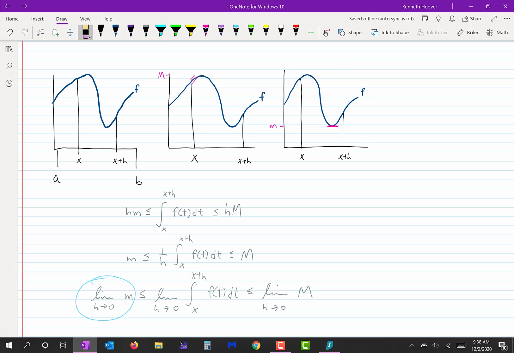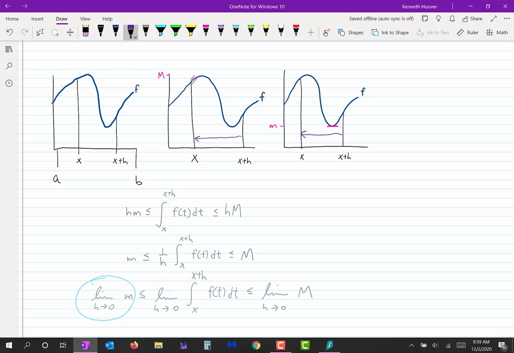Okay, so now h is going to go to 0. That means that this black line is going to slide over to this one. This black line will slide over to here. You have to remember now, let's look at the third picture. What is little m?